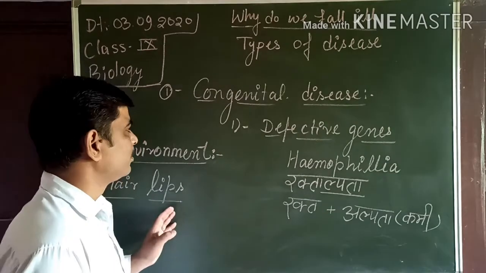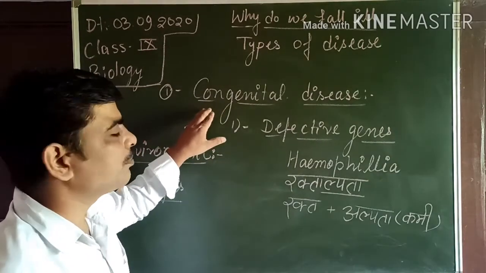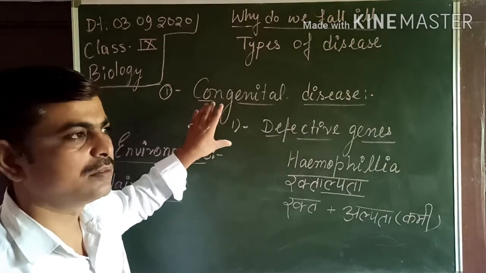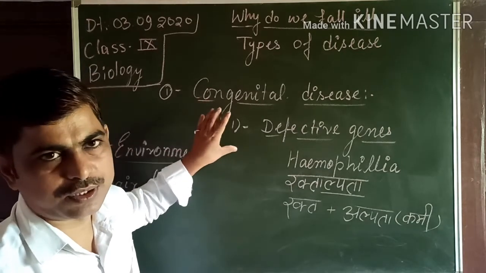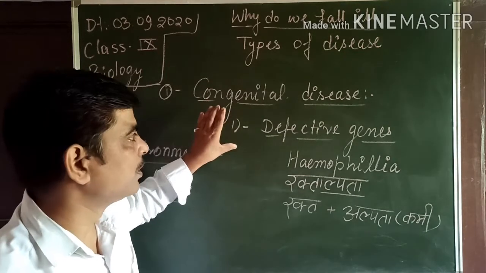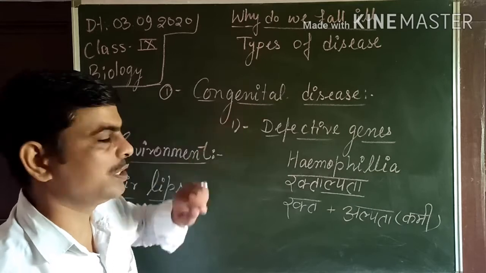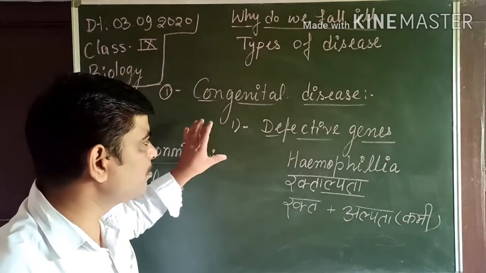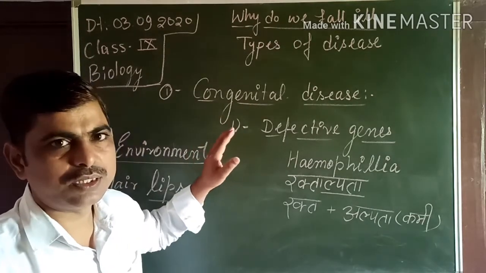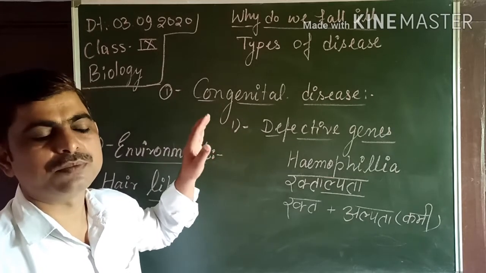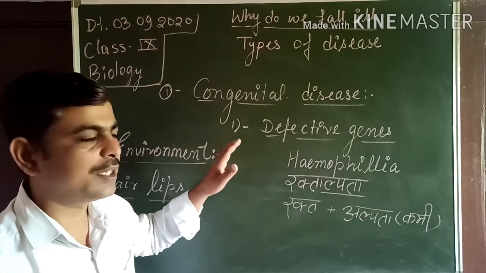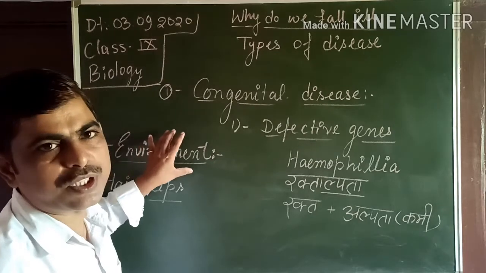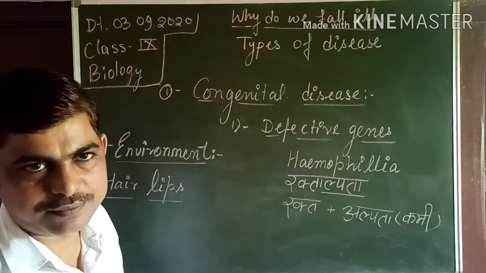Okay, so on this basis, the disease present in the body since the birth of the organism, that type of disease is called congenital disease. In most of the cases, these diseases are received from the parents or during the embryonic stage of an offspring.